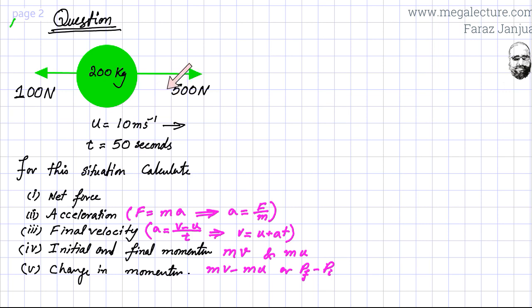I am considering this one as positive and this one as negative. So total force is simply we add forces with their direction. It will be 500 plus minus 100, and eventually the net force will be 400 newtons acting towards right.